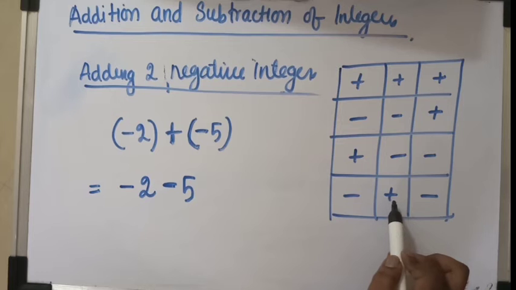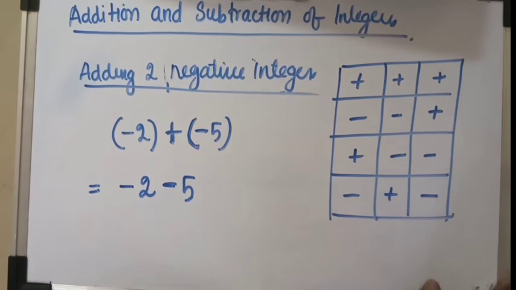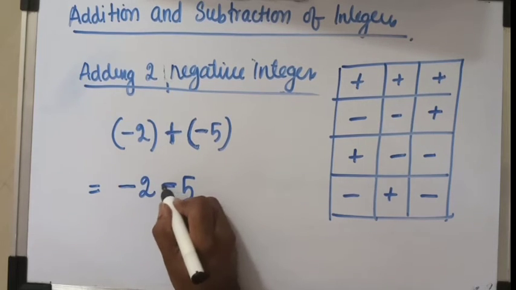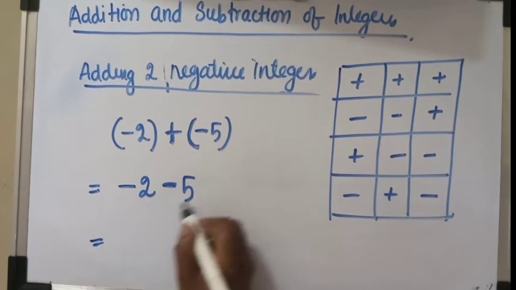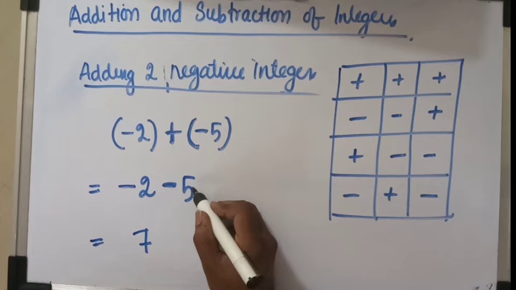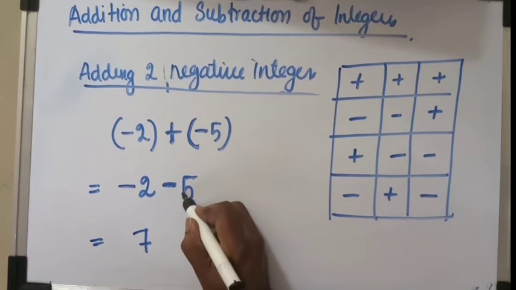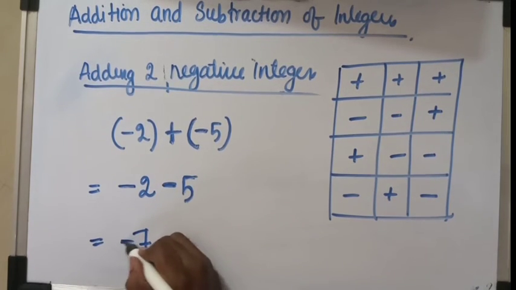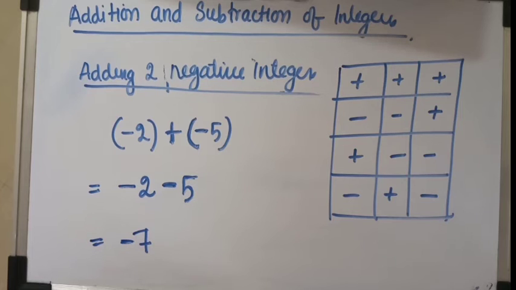When both the signs are different, you need to subtract. Now here both the signs are the same, so I'll add 5 plus 2 is 7. Greatest number का sign देने का. Greatest number 5 है. 5 का sign negative है. तो minus 7. Okay. This is how you need to add two negative integers.